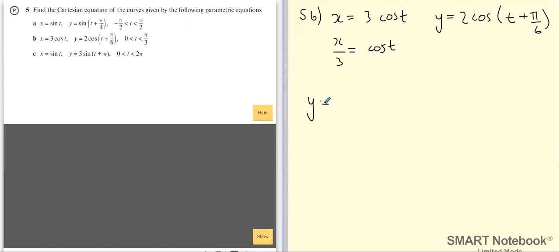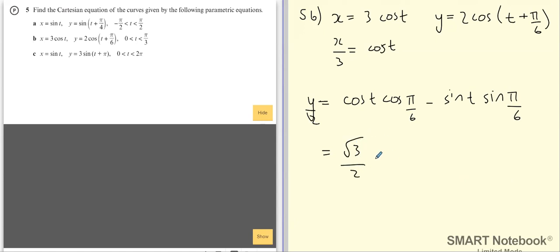And so if I use the addition rule, if I take y over 2, the 2 over to the left hand side, we get cos t cos pi over 6 minus sine t sine pi over 6, which can be simplified. Cos pi over 6 is root 3 over 2, so we get root 3 over 2 cos t. Sine pi over 6 is a half, so minus a half sine t.